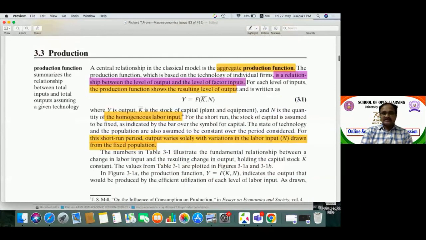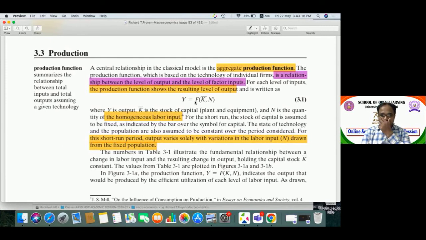According to that, the central relationship in the classical model is the aggregate production function. So the entire aggregate production, or entire output, is defined by only labor, with other factors remaining constant. Got the point? The classical economist defines the production function as summarizing the relationship between total inputs and total output, assuming a given technology.